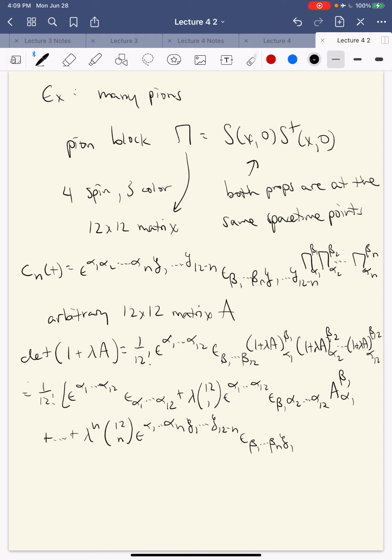And then the remaining 12 minus n indices are contracted with each other. And then these open alpha and beta indices are contracted through n powers of the A matrix.